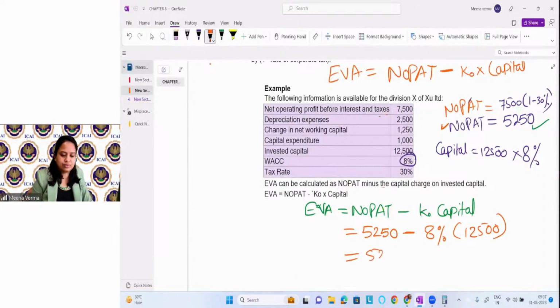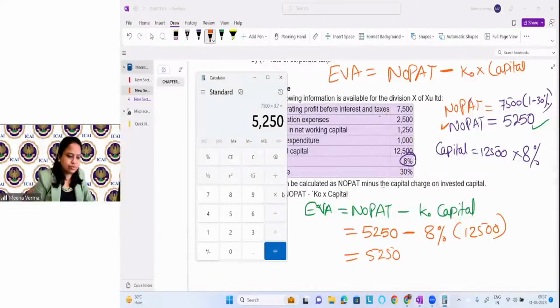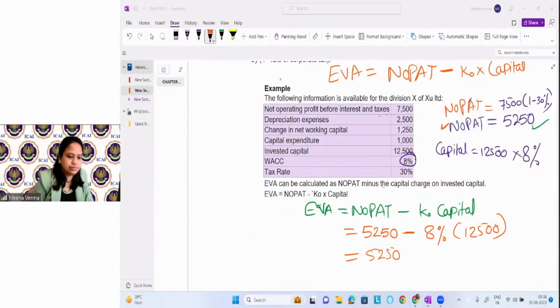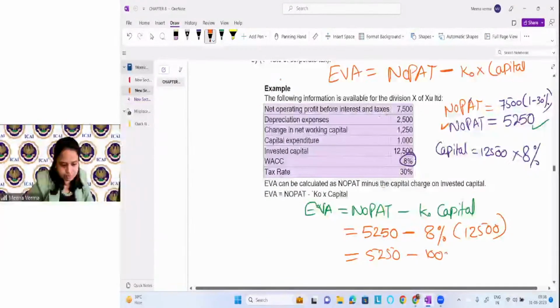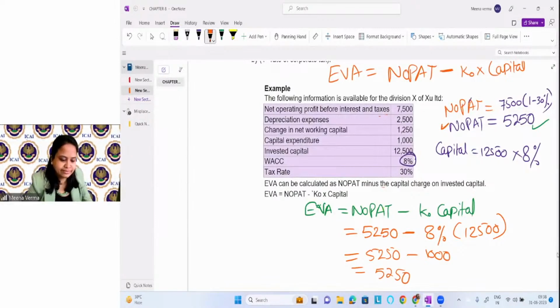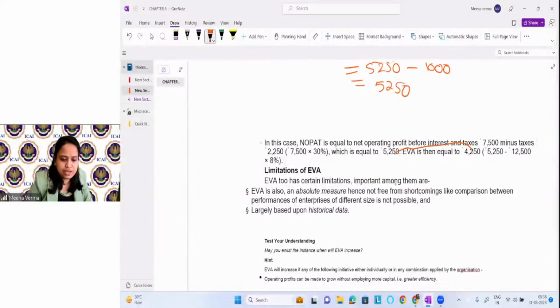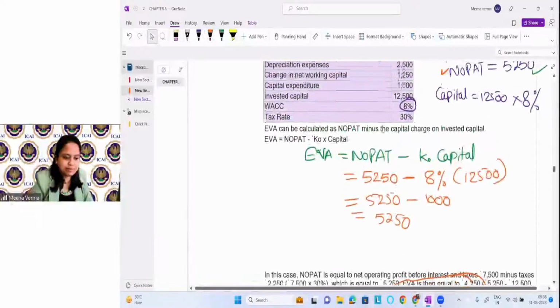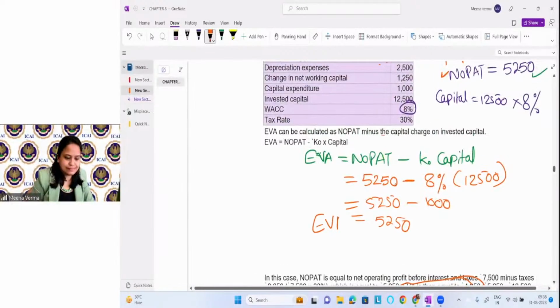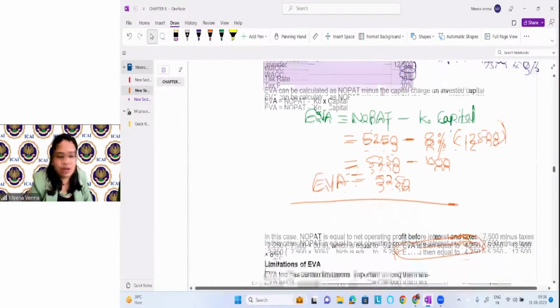Now let's solve it. If you see, this is your EVA. EVA is 4250. So in this way, we can calculate the EVA of the company.